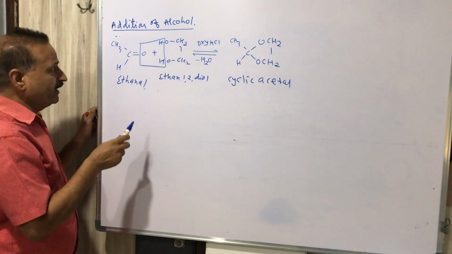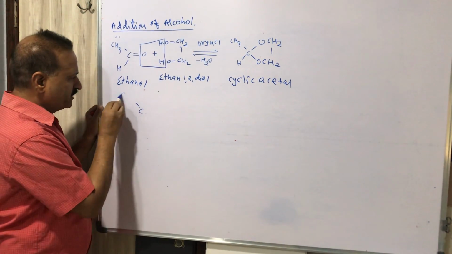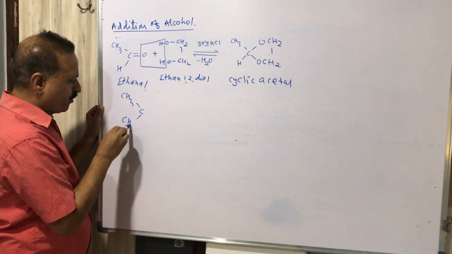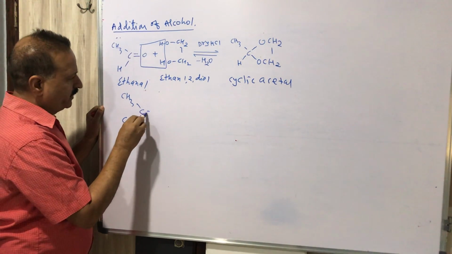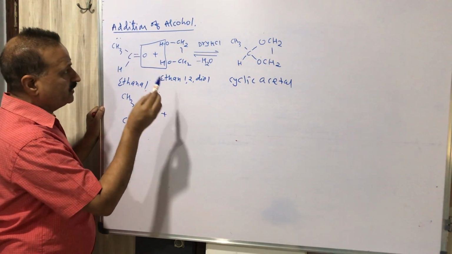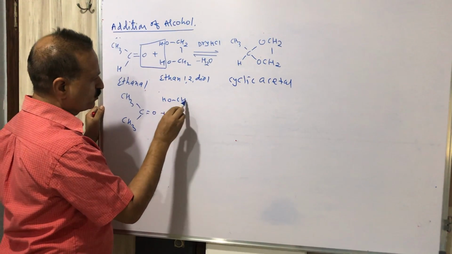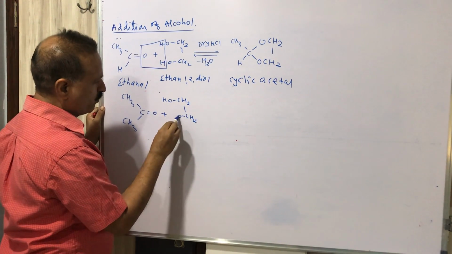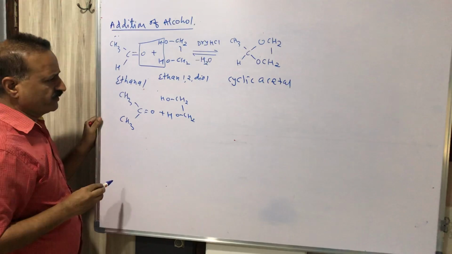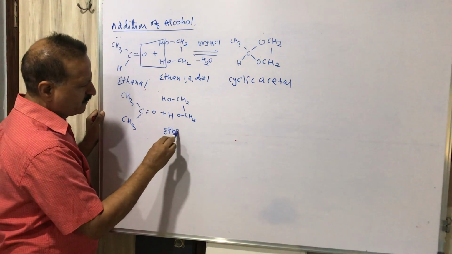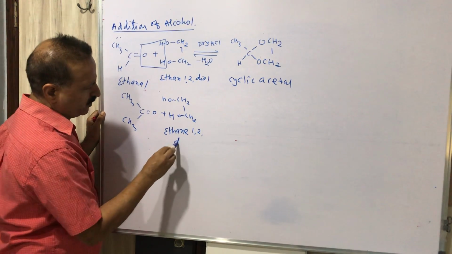If we take a ketone, so this is ketone, propan-2-one, it will react with ethane-1,2-diol, CH2, CH2, OH, again ethane-1,2-diol.